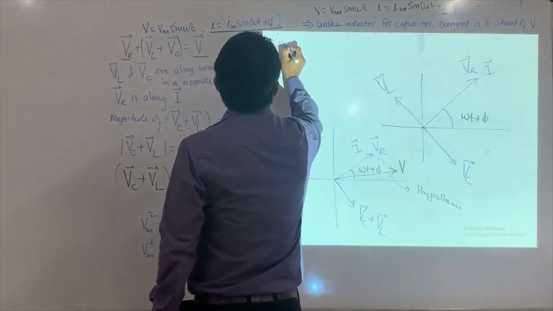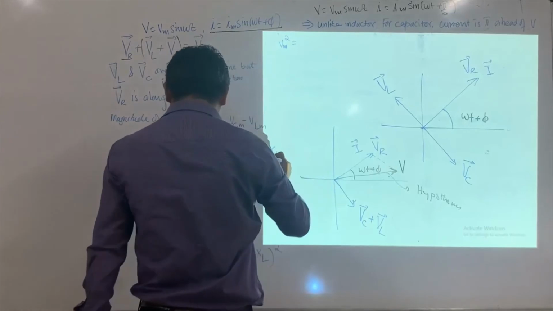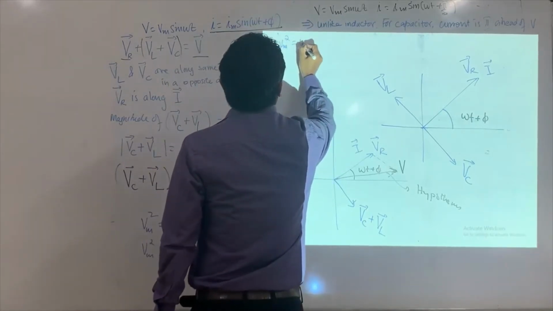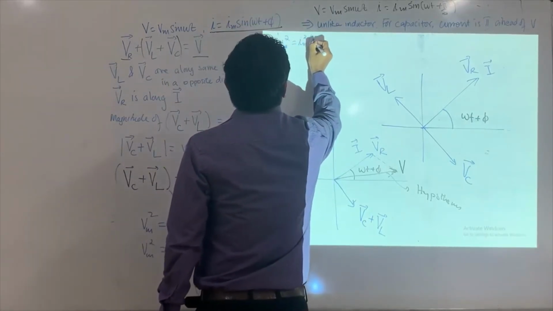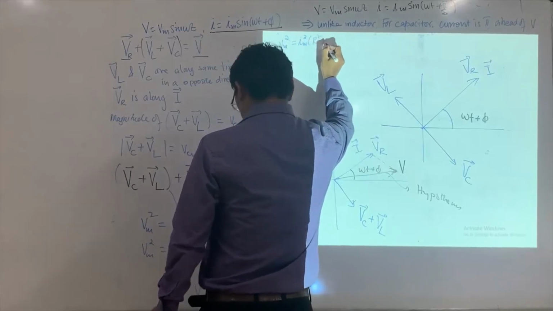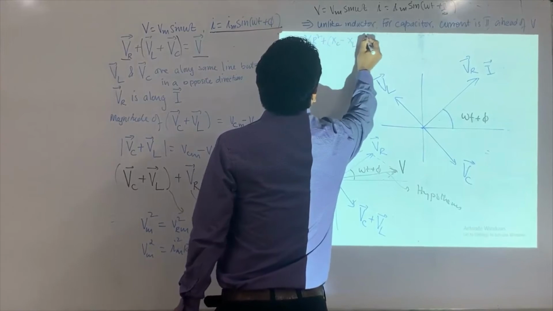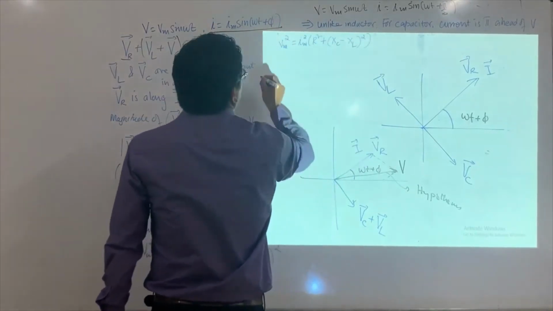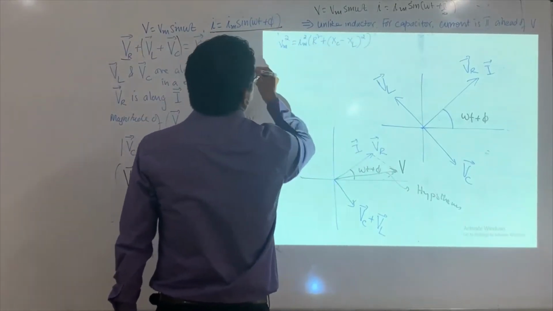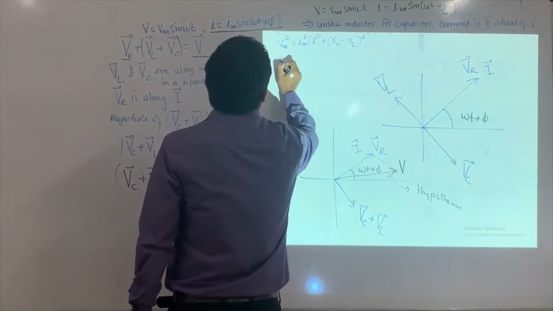So Vm squared is equal to Im squared, since it is common, times R squared plus XC minus XL whole squared, and then I just take the square root of both sides.